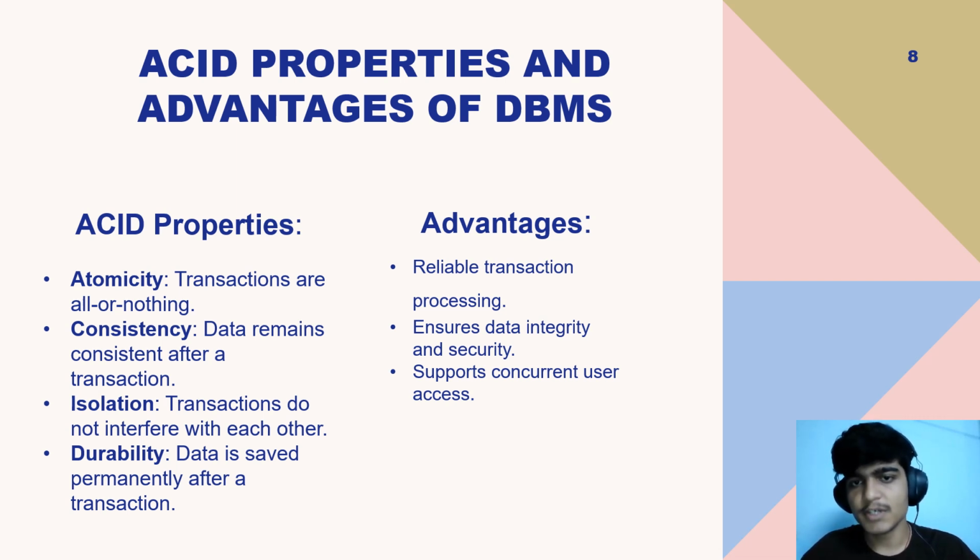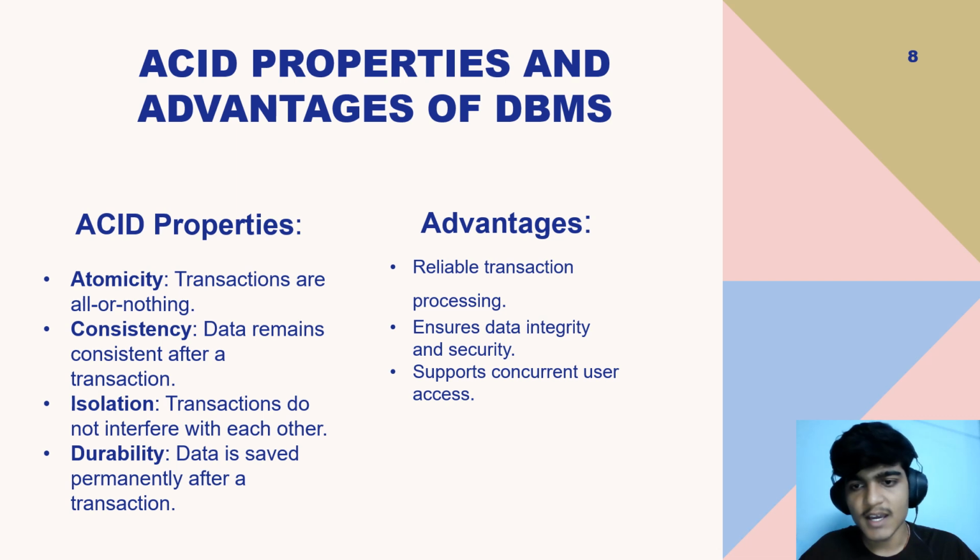There is no in between. So the advantage of this is all the transactions are completed or not completed. Nothing is left in between, and nothing is half left. So the data is handled very securely.